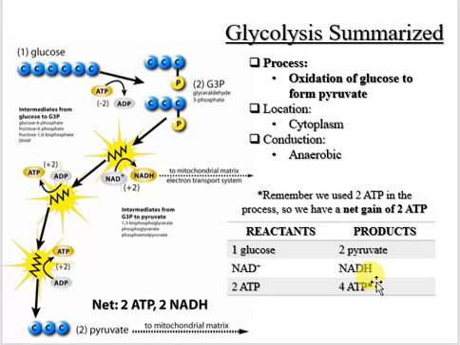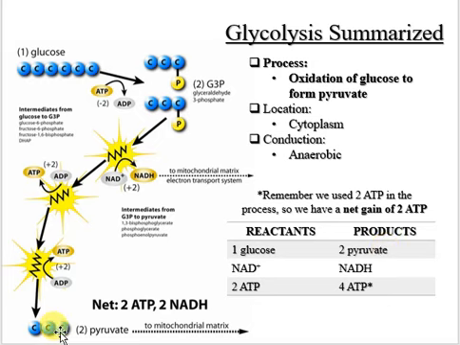So talking about net gain as far as the products of glycolysis, you have the formation of 2 ATP and 2 NADH. You also have the release of water in the reaction. And then the major product that you're left with that will move into the next stage of respiration are your 2 molecules of pyruvate. Right?